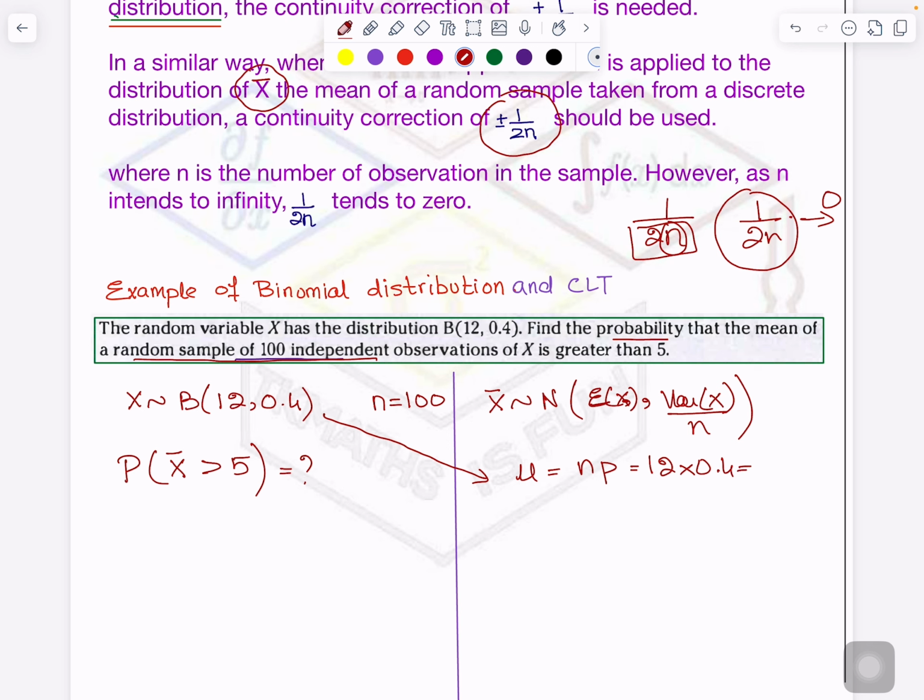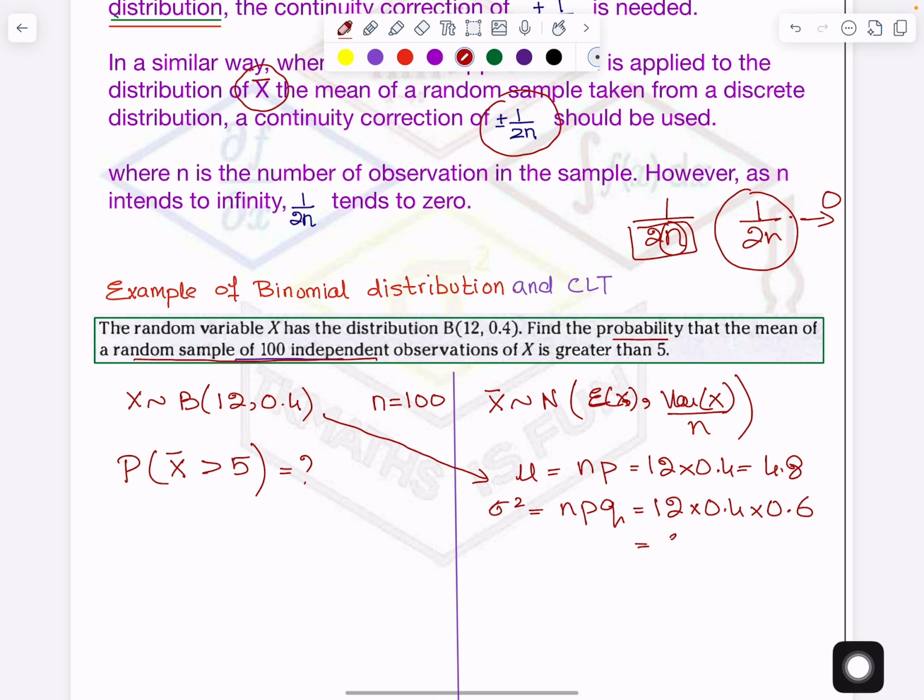Keep the calculator in your hand. You can also calculate with me. And the variance was npq, so it will be 12 into 0.4 into 0.6.